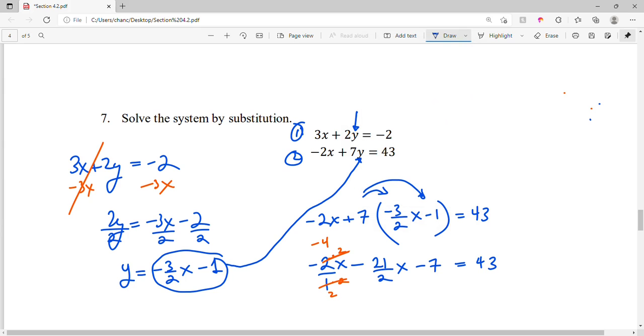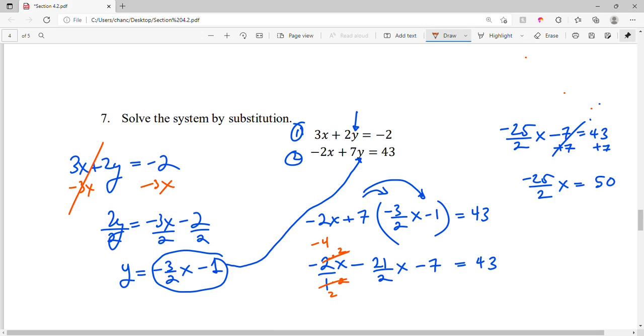This becomes negative 4 over 2 x minus 21 over 2 x, which actually becomes negative 25 over 2 x minus 7 equals 43. Let's add the 7 to both sides. And so we have negative 25 over 2 x equals 50.